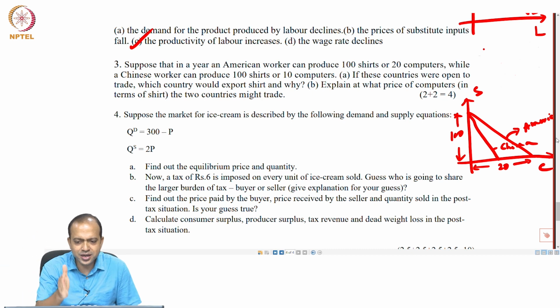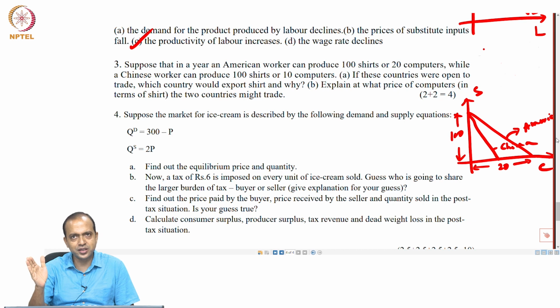So, 100 certs if you sacrifice, then you will get 20 computers. If I sacrifice one cert, then I will get 20 by 100, that means 1/5.